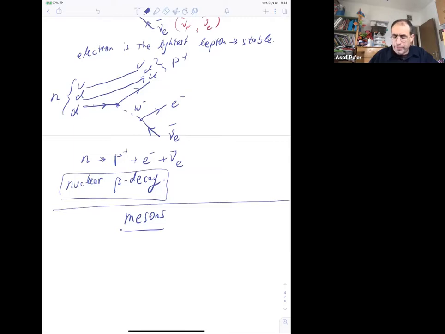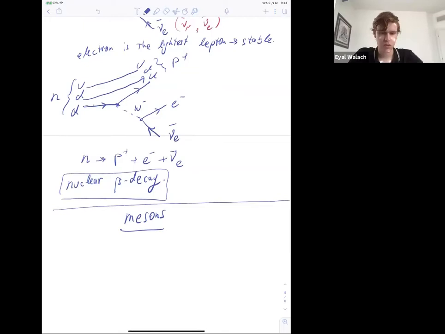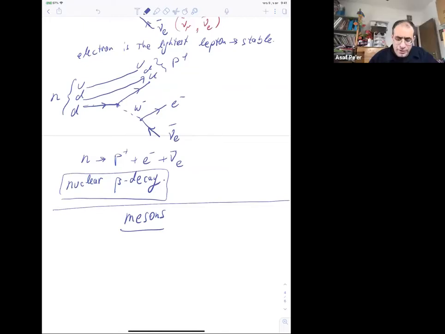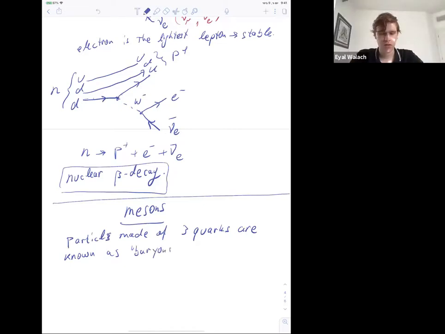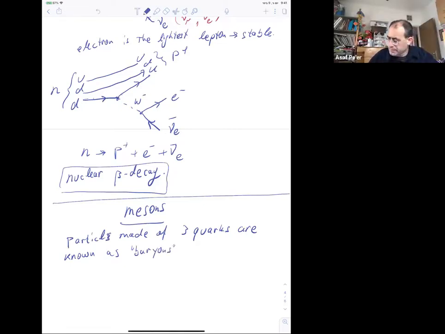So since quarks don't come alone, we have a combination of 3 quarks, and particles made of 3 quarks are known as baryons. It comes from Greek for heavy, because they're heavy.